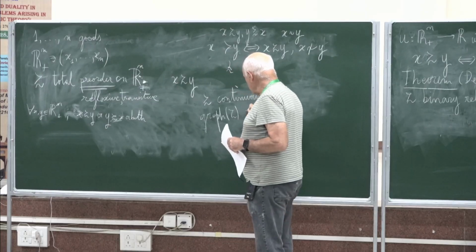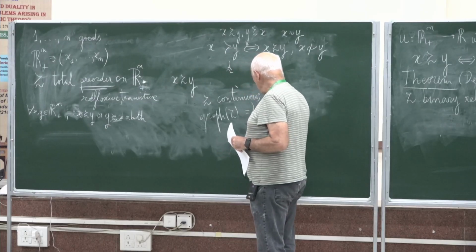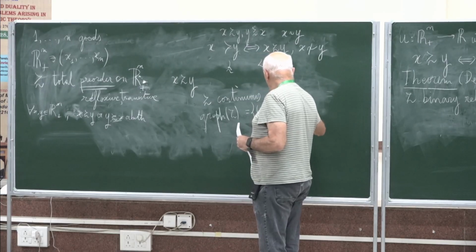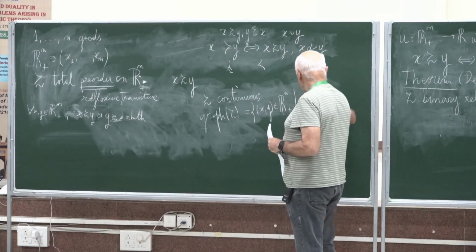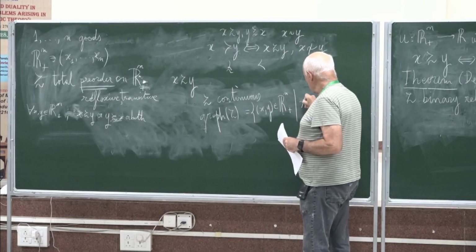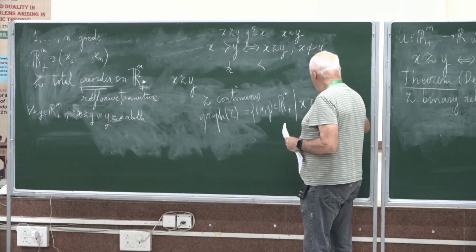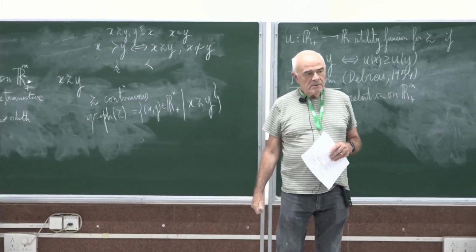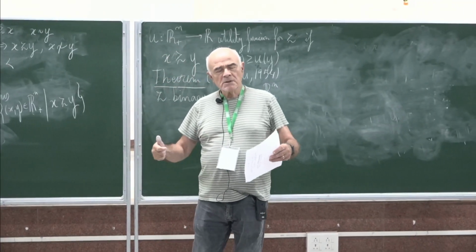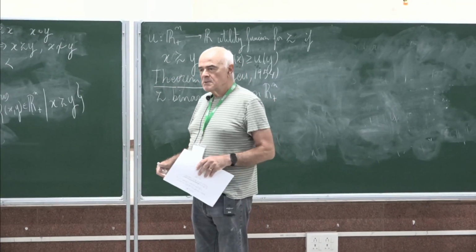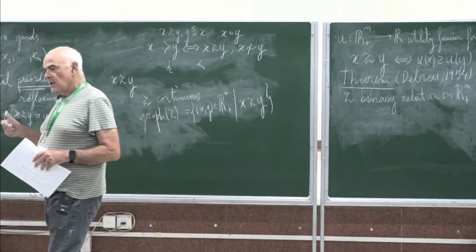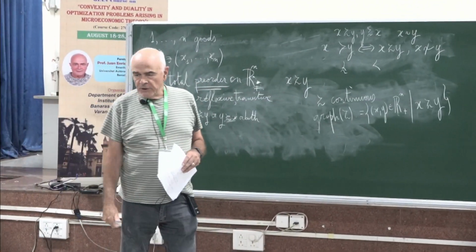which is defined as the set of pairs x, y such that x is preferred to y. I will not say all the time preferred or indifferent to. If sometimes I consider a strict preference, I will say strictly preferred.